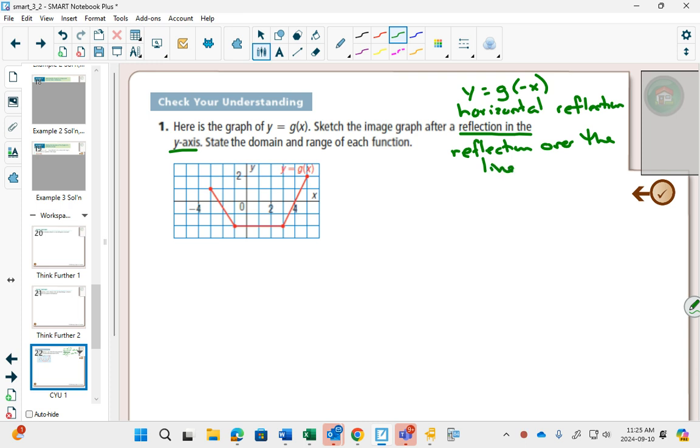Your y-axis, do you write that equation as x equals 0 or y equals 0? Your y-axis is x equals 0, right? If I draw here, I'll draw the y-axis with the green dotted line. That equation is x equals 0 because every single point on the y-axis has something in common.